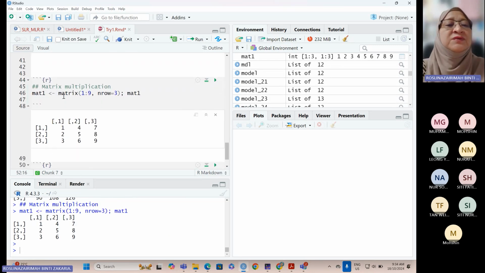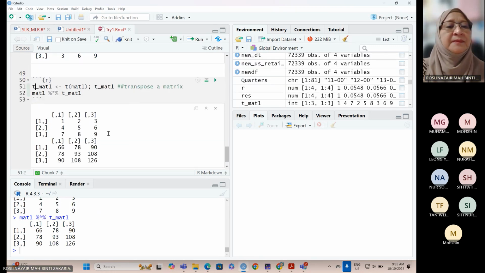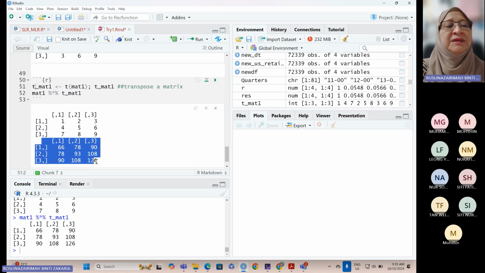We are forming a 3 by 3 matrix, filled by column 1, then column 2 and so on. Then I can transpose that.